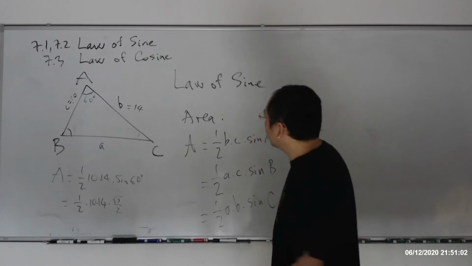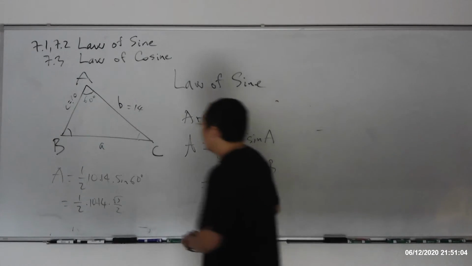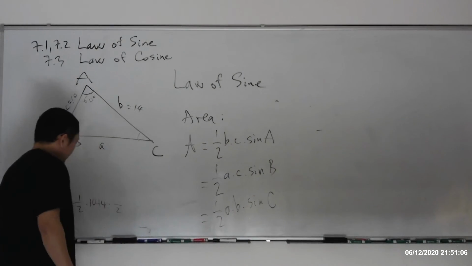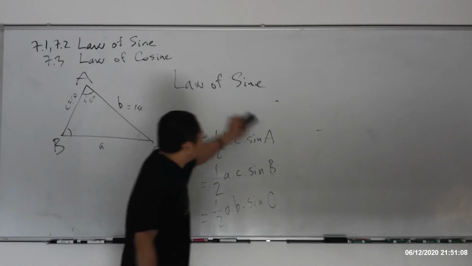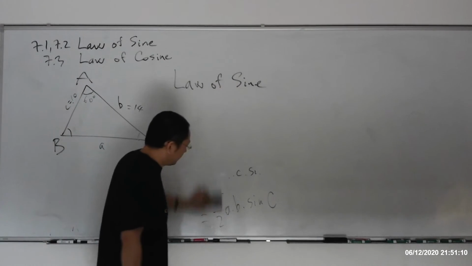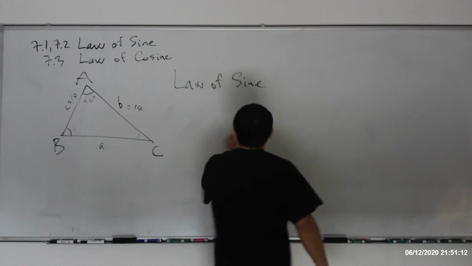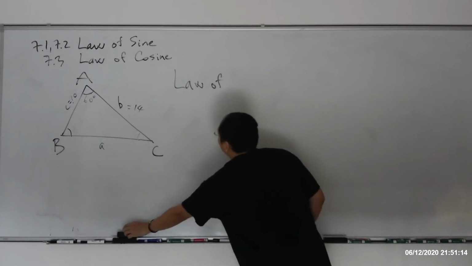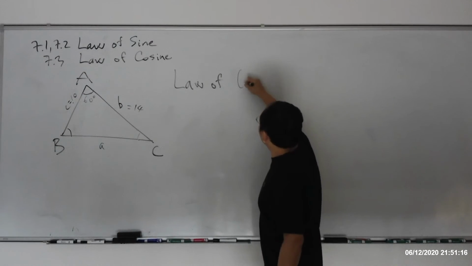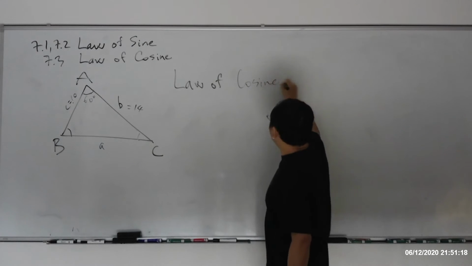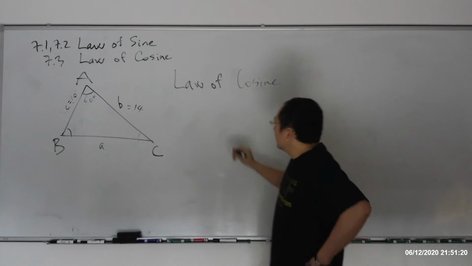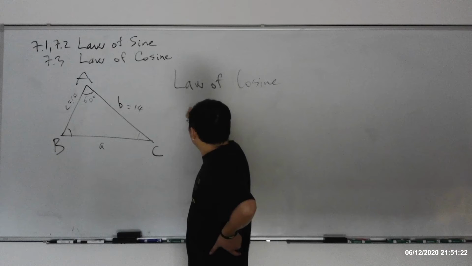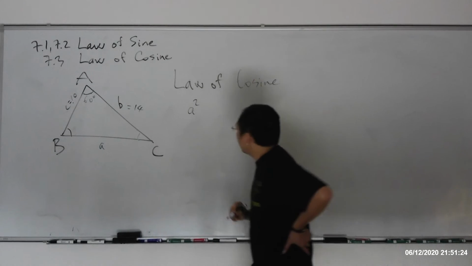Let me move on to the law of cosine. And actually, in my opinion, the law of cosine is more powerful because it can take care of more problems. The law of cosine says this. You have the length A here.